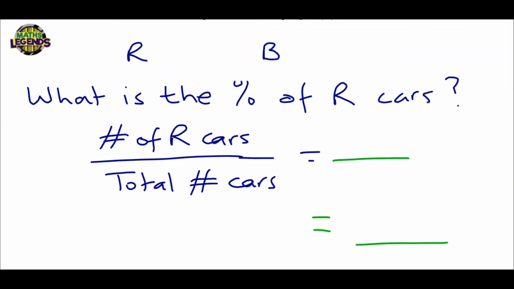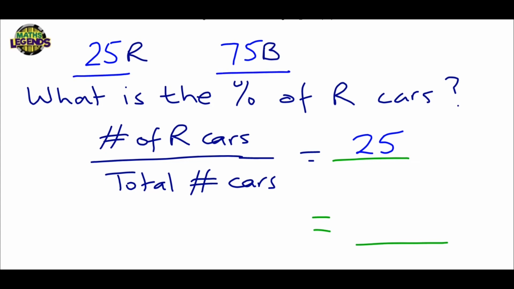We will assume that there are 25 red cars and 75 blue cars. What is the percentage of red cars? So the number of red cars is 25 over the total, which is 25 plus 75, which is 100.